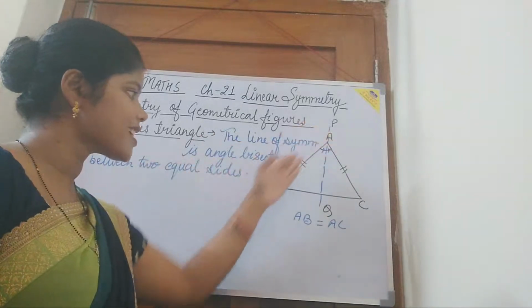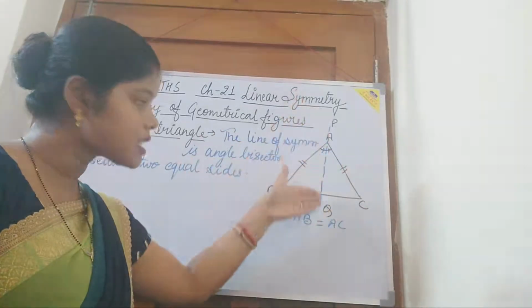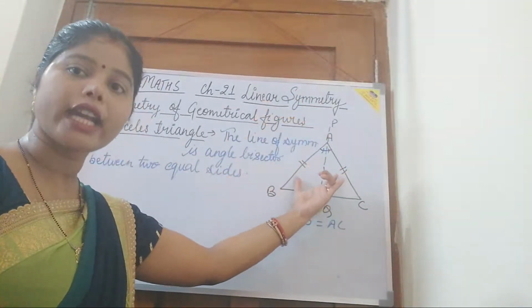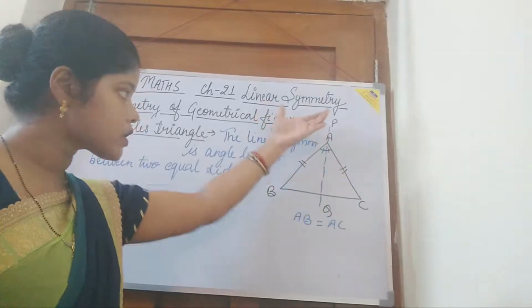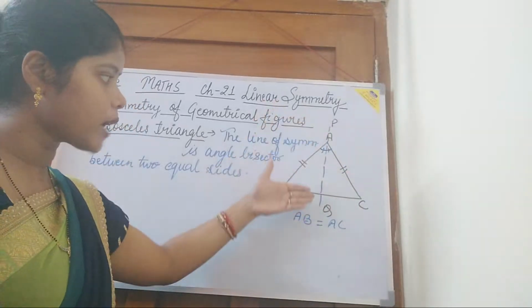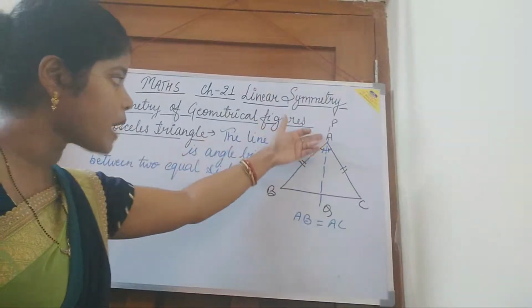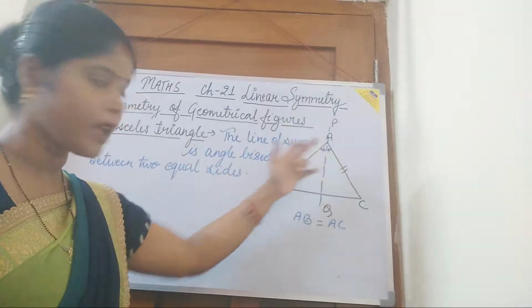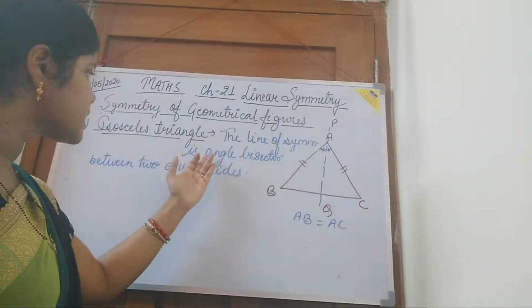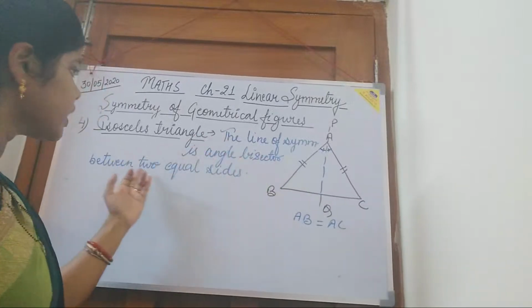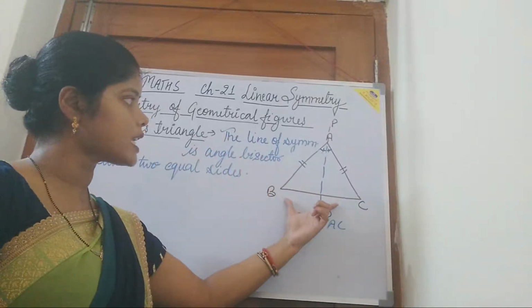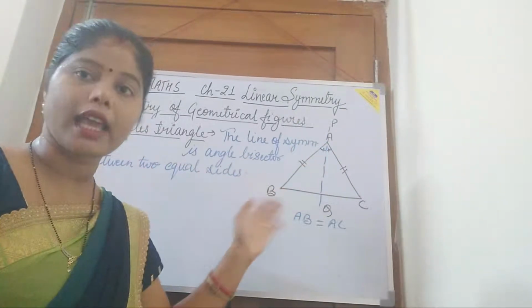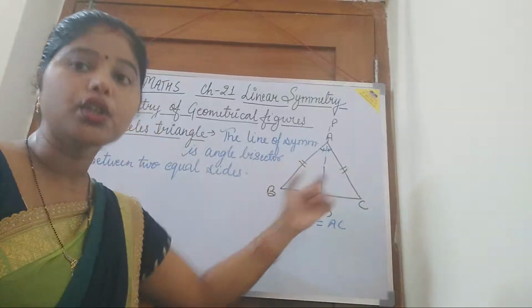So here the two equal sides are AB and AC, and PQ is the dotted line which divides this isosceles triangle into two identical parts or two equal parts. This dotted line PQ is called the line of symmetry, and it bisects the angle between these two equal sides, that is angle A. So this line of symmetry divides angle A and divides this isosceles triangle into two equal parts.